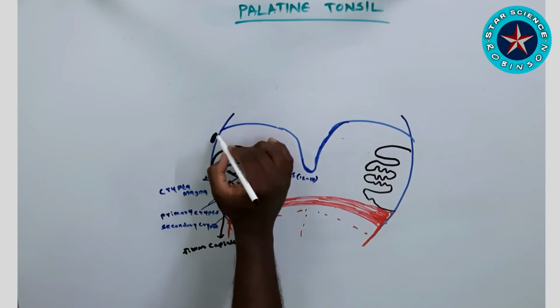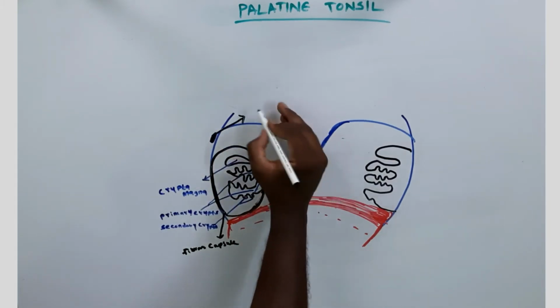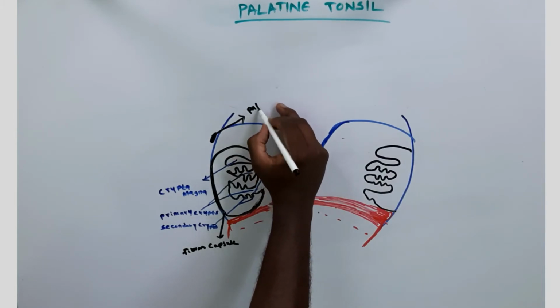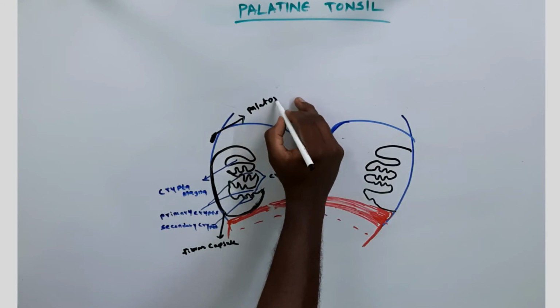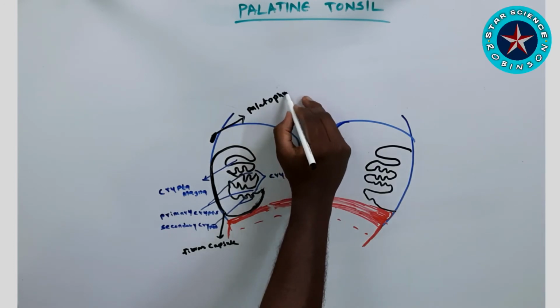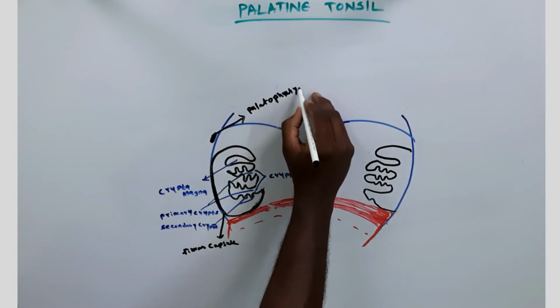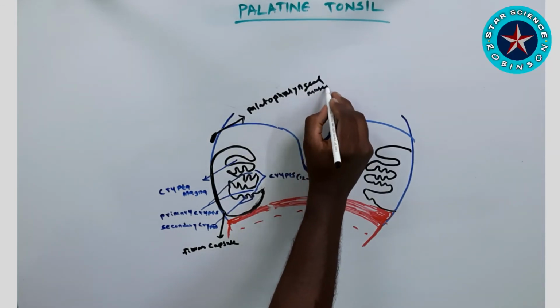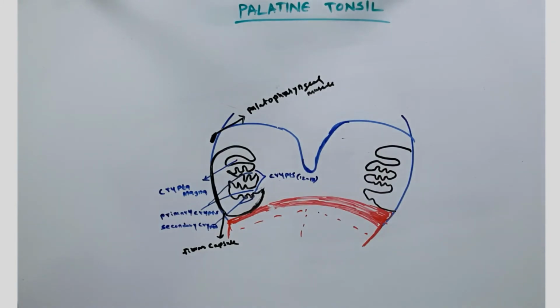A number of septa extend from the capsule into the tonsil and serve to conduct blood vessels and nerves into it. This part is called the palatopharyngeus muscle. In front we have the palatopharyngeal arch.